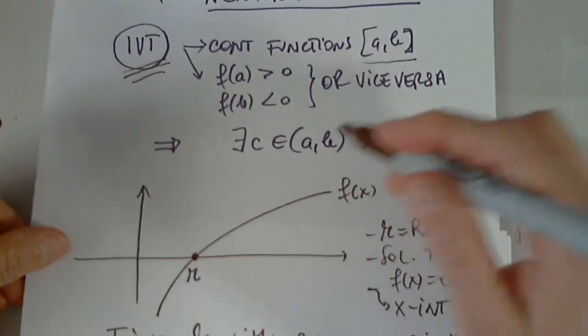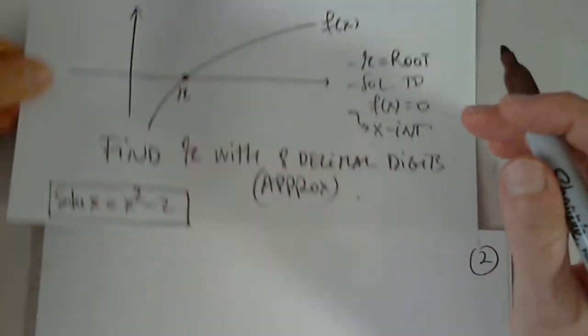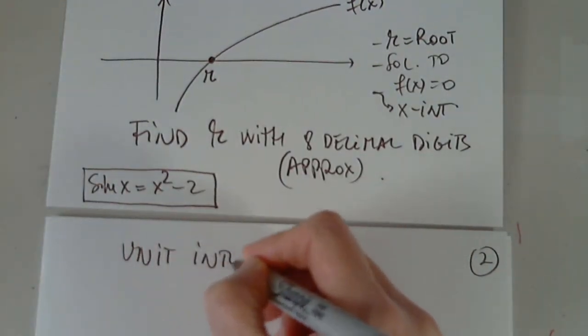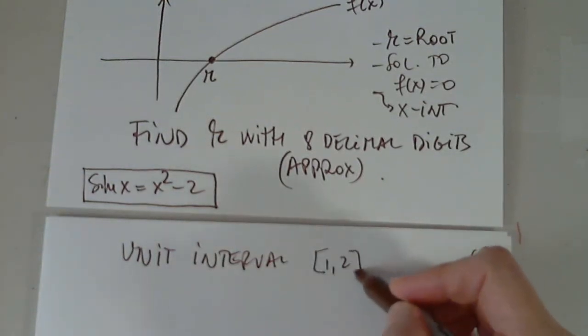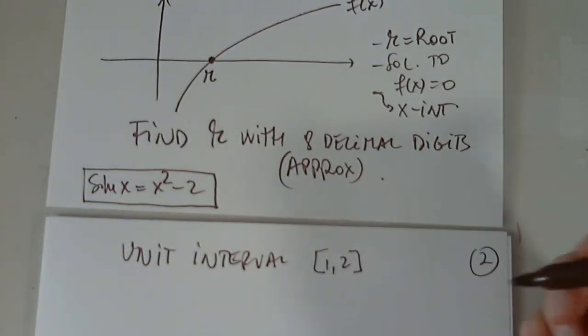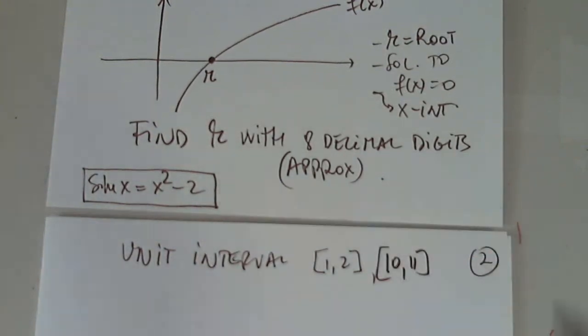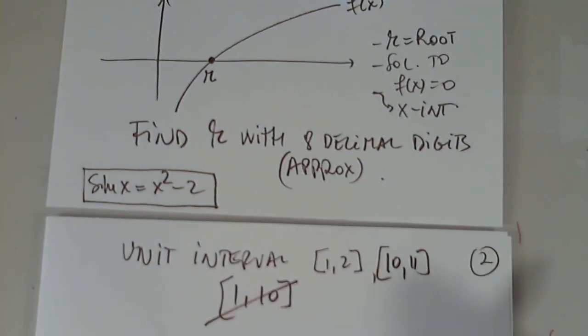But the intermediate value theorem is giving us an interval. And we prefer always a unit interval. A unit interval is, for example, between 1 and 2, between 9 and 10, between 10 and 11. Not between 1 and 10. This is not a unit interval.